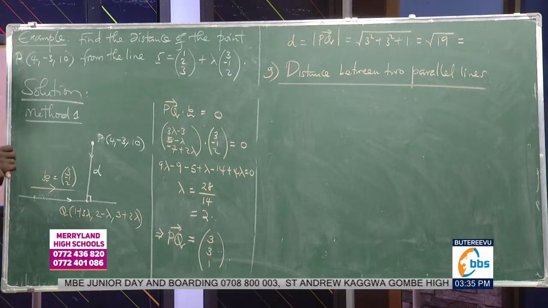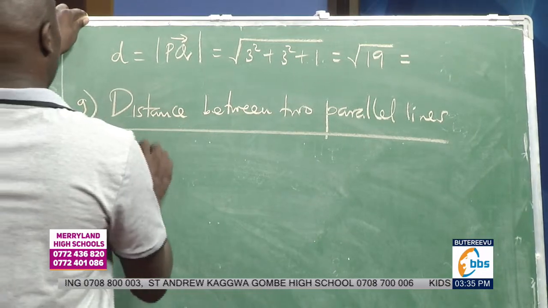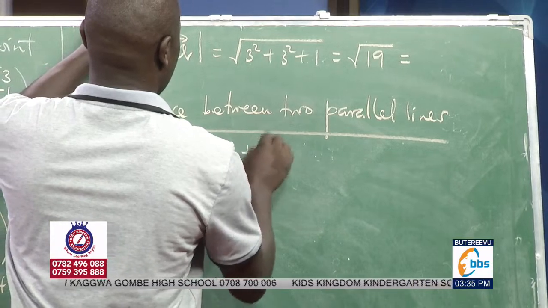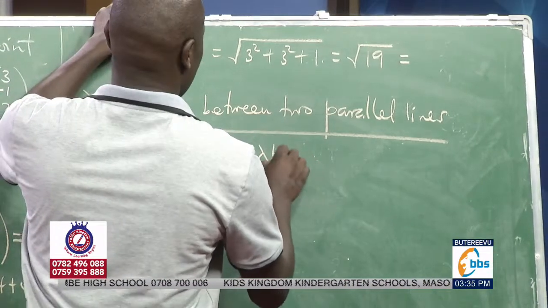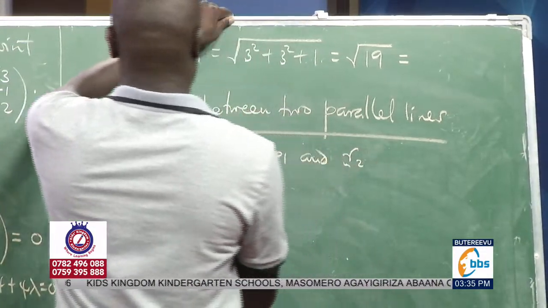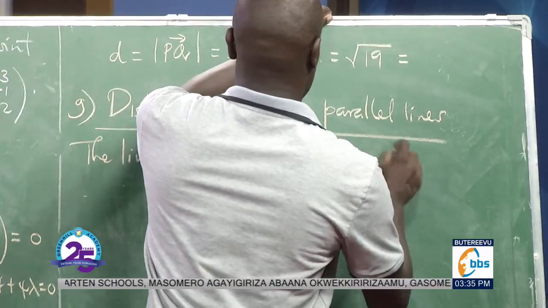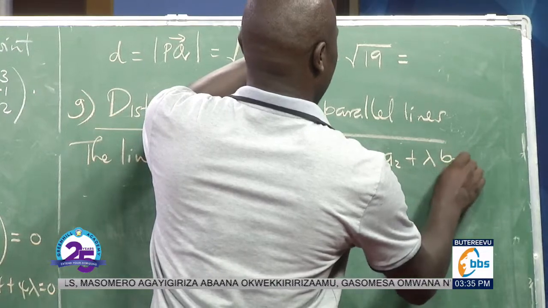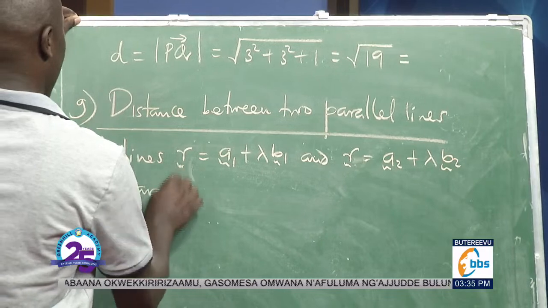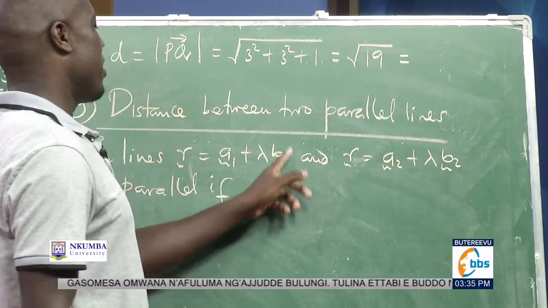So how do we know that two lines are parallel? The lines r equals a1 plus lambda b1, and r equals a2 plus lambda b2 are parallel if these two vectors are parallel.